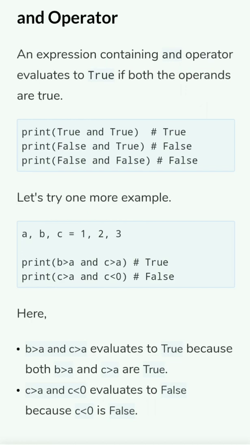Now, the AND operator. An expression containing the AND operator evaluates to true if both the operands are true. Suppose here we have taken a, b, c as 1, 2, 3.